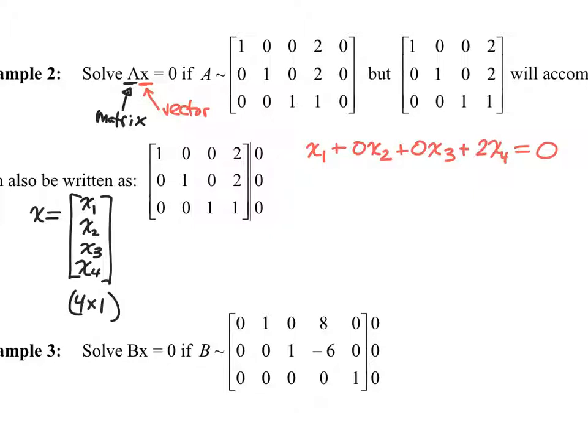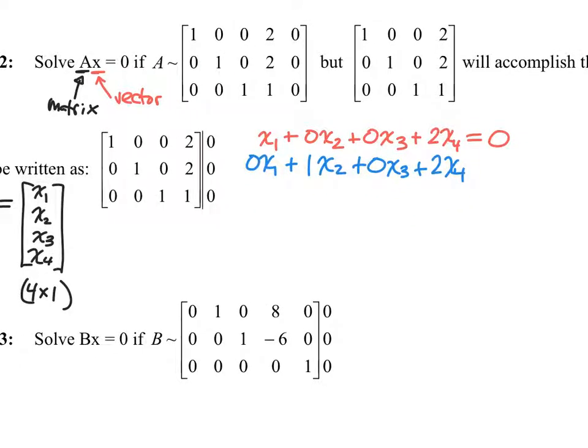So the next one is 0x1 plus 1x2 and so on, also equal to 0. And the last one is 0x1 plus 0x2 plus 1x3 plus 1x4, also equal to 0.